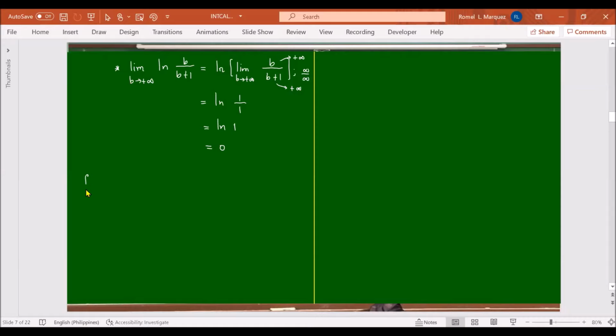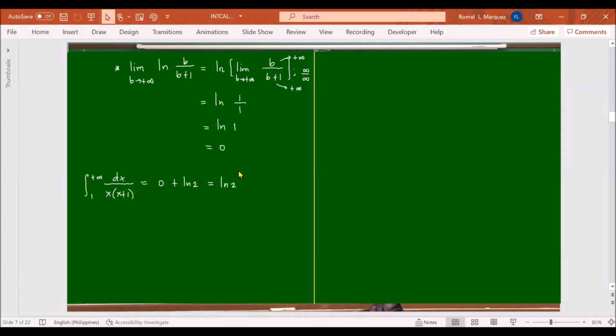Therefore, the integral from 1 to positive infinity of dx over x times x plus 1 is equal to, for the limit of the first term, 0, and for the second term, ln 2. So getting ln 2.